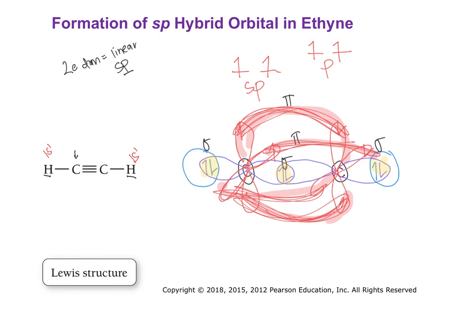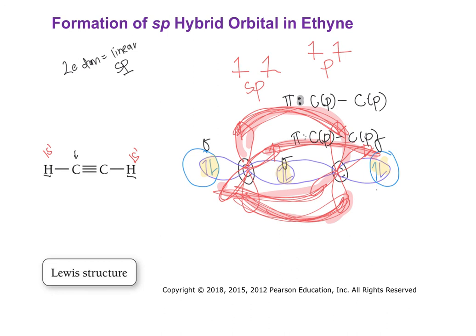So kind of messy. Now how I would designate these is I would literally label pi bond: between the carbon p orbital and another carbon p orbital. Same thing here. So there's a pi bond between one carbon's p orbital and another carbon's p orbital.